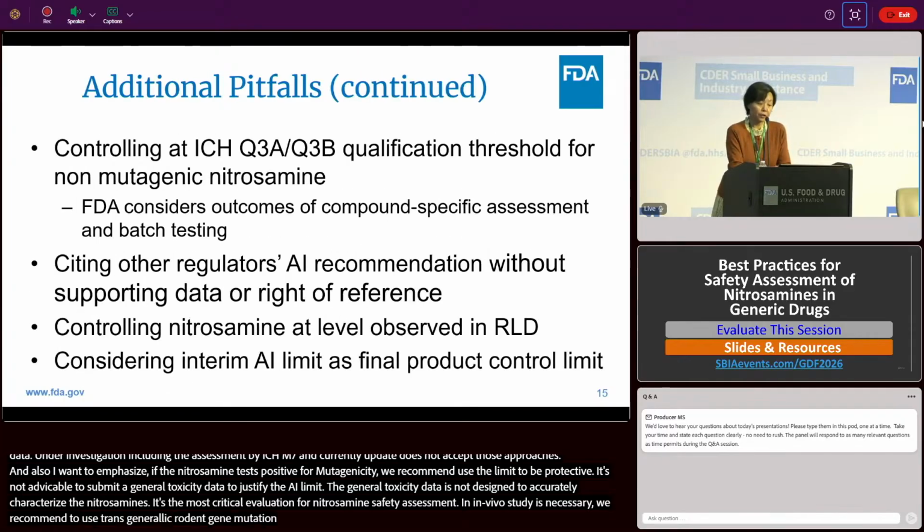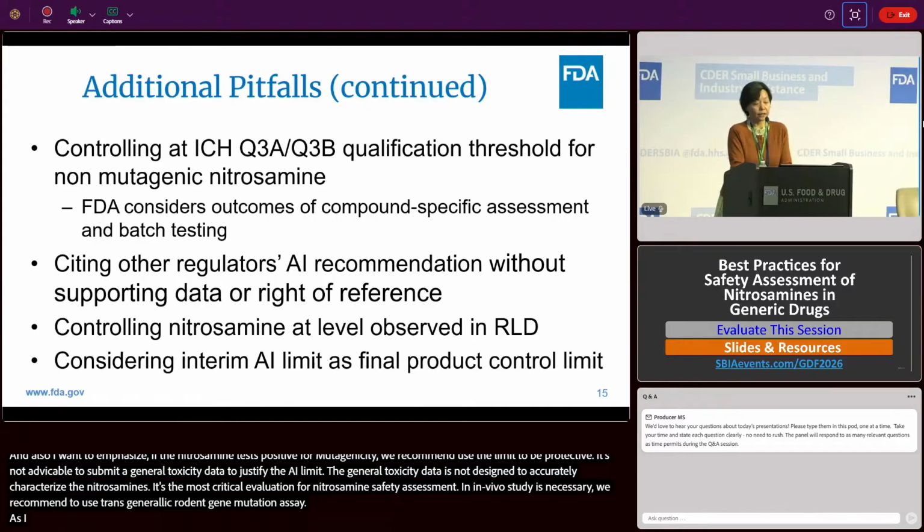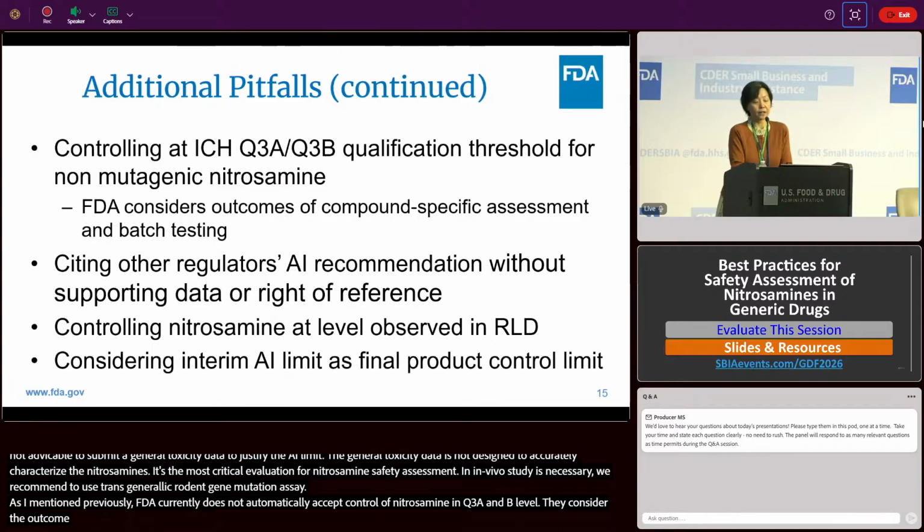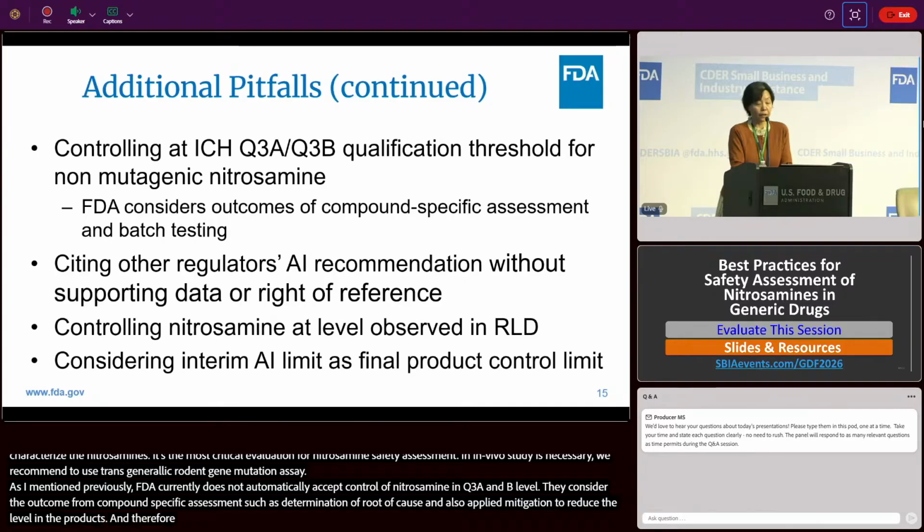As I mentioned previously, FDA currently does not automatically accept control of non-mutagenic nitrosamines at the ICH Q3A, Q3B level. FDA considers the outcome from compound-specific assessment, such as determination of root cause, and also applied mitigation approaches to reduce the level in the products. Therefore, FDA sets the control limit for those kinds of nitrosamines based on those assessments and the batch testing data.